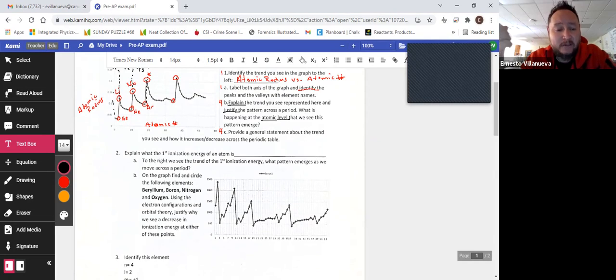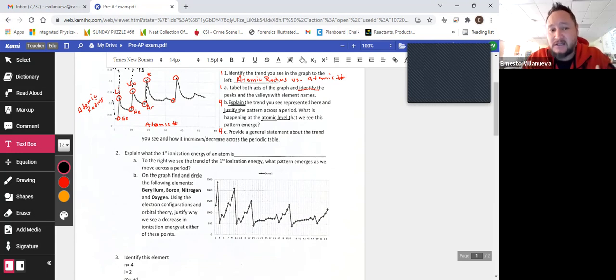What we see is the pattern emerge: as you increase the number of protons, the nucleus constricts. And as you go down the periodic table from one period to the next, we see an increase in shells, which results in a larger atomic radius. That's it. You don't have to write me a page and a half.